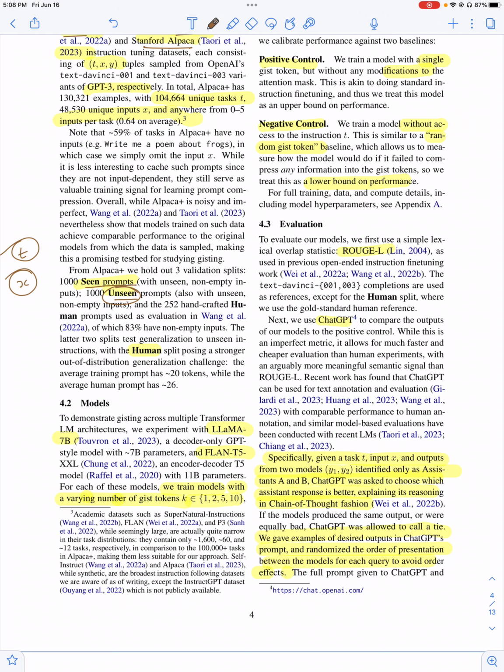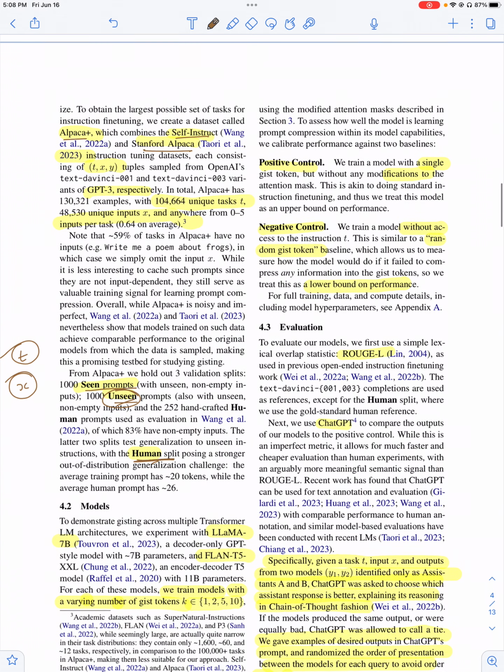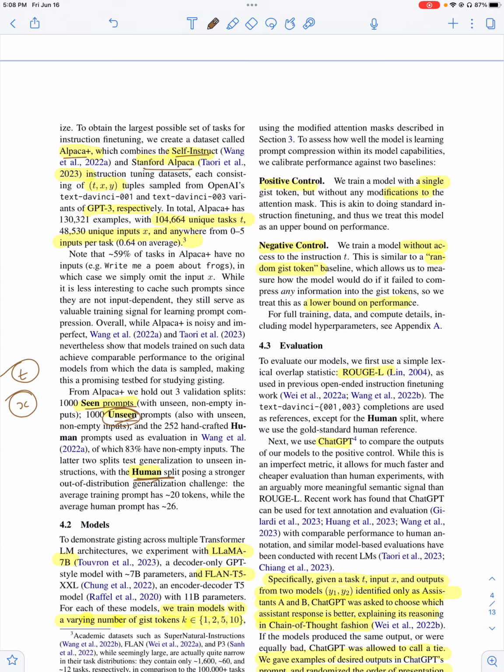They are brand new. And in the human split, you have tasks which probably are written by humans, which likely they wouldn't have encountered during training. So the unseen and the human tasks tell you how the model performs for out of distribution tasks, right? And then they compare their model with two baselines, a positive control baseline.